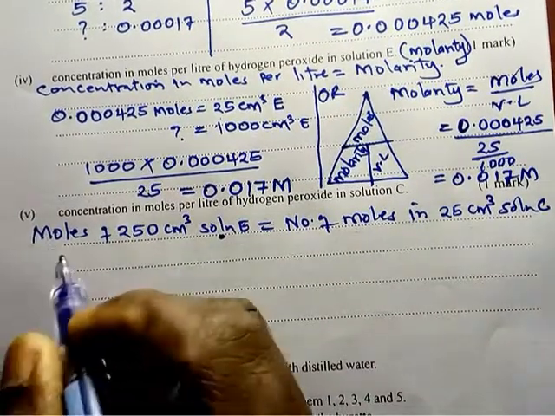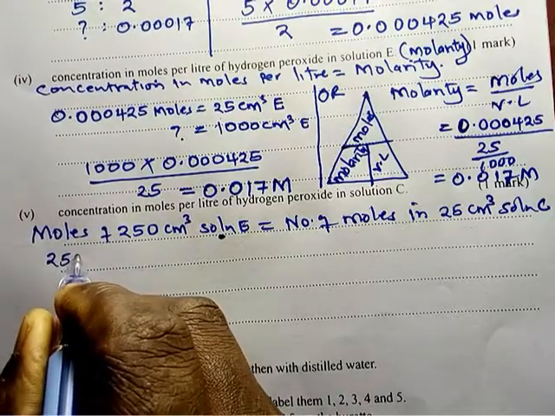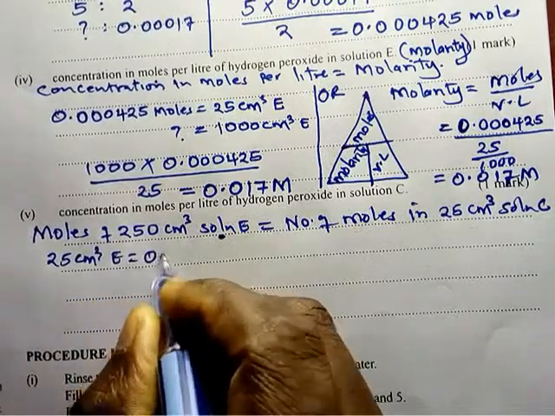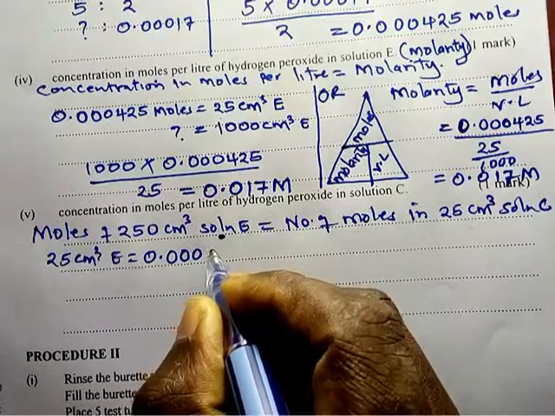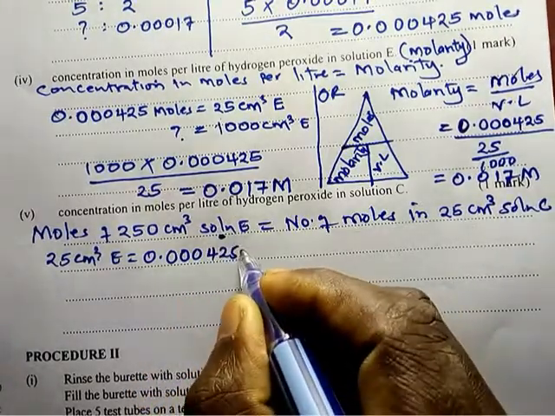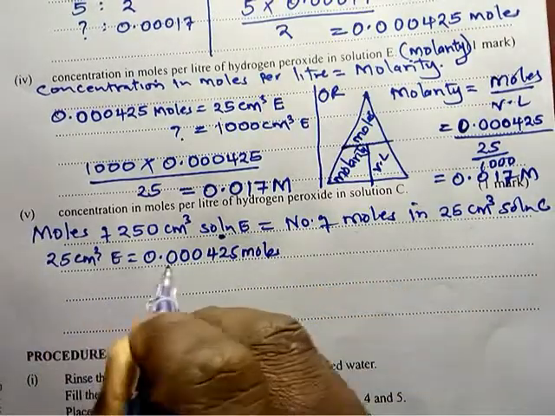But we know the number of moles in E, 25 centimeters cube E equal to 0.0000425 moles. Right? So what will be the number of moles in 250?